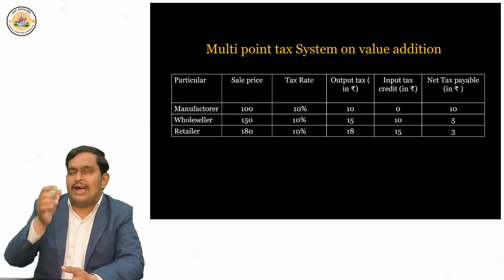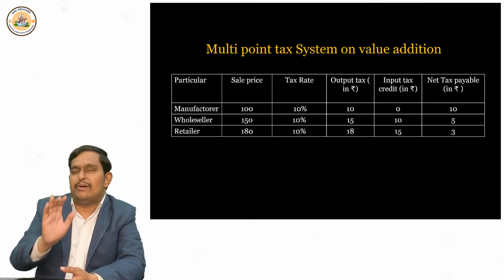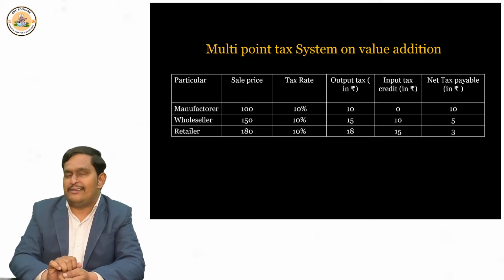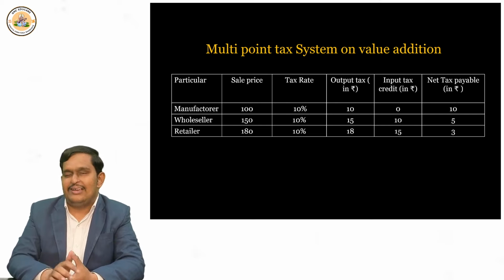This is the advantage of the multi-point tax system on value addition. And government also adopted this system. So it is not going to create inflation, right? It is fair on the consumer and also on the government.